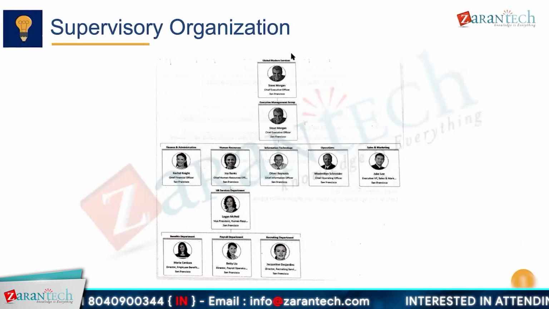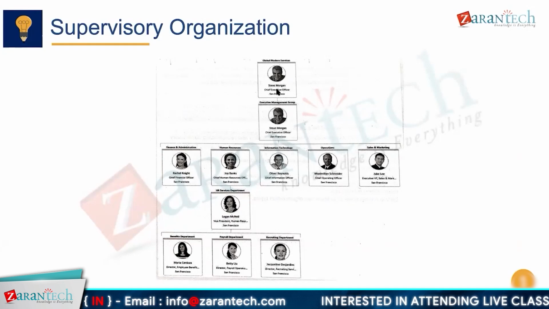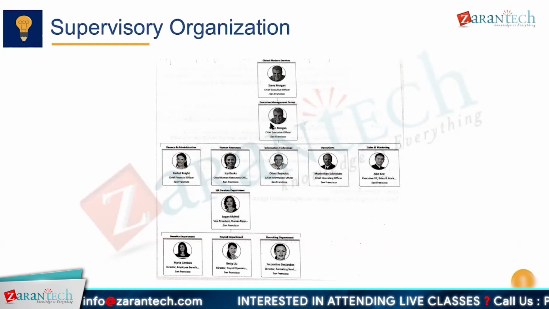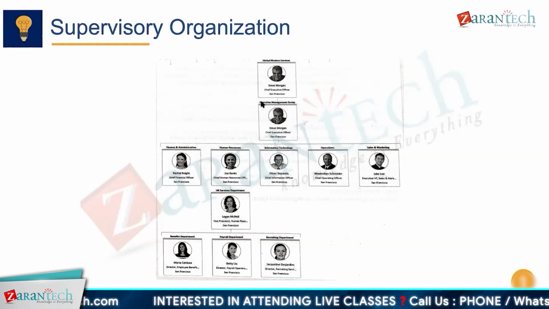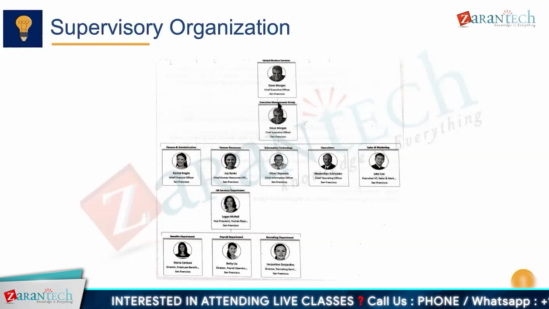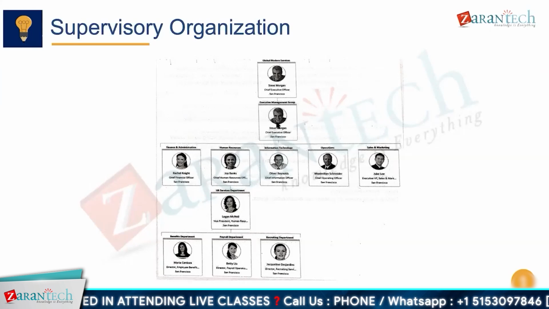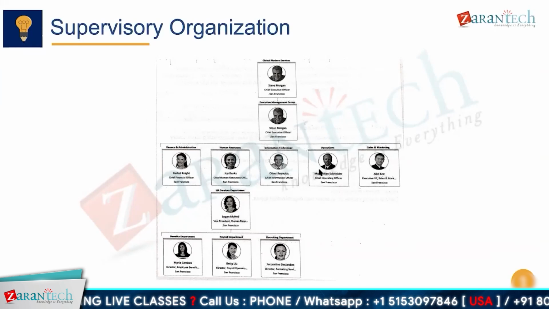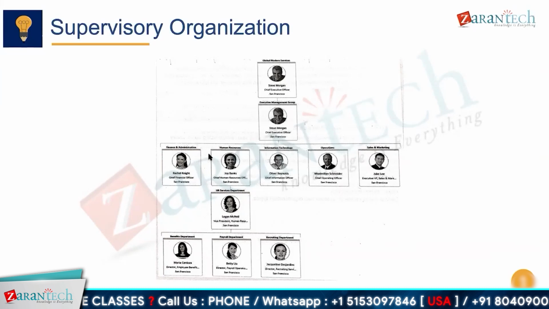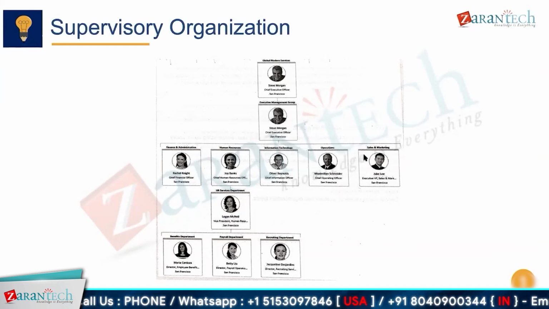Global Modern Services is the company name, and Steve Morgan is the Chief Executive Officer. And then under him, there is an executive management group. That's the name of, you can say, a supervisory organization. And then he has certain other supervisory organizations set up: finance and administration, human resources, IT, operations, sales and marketing.